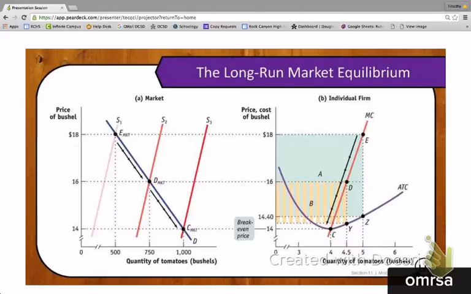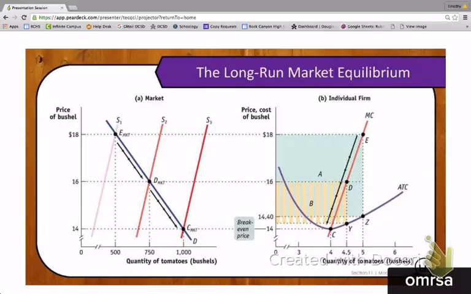So because it's still making economic profits, more firms will still be attracted to the industry. And so it will continue to shift the supply curve to the right until we reach a price of $14, which, notice, is the break-even price. So at that point, the quantity produced by the industry increases to 1,000 tomatoes, but for the individual firm, its quantity of output is reduced from point D to point C from 4.5 tomatoes, now producing only 4 tomatoes.